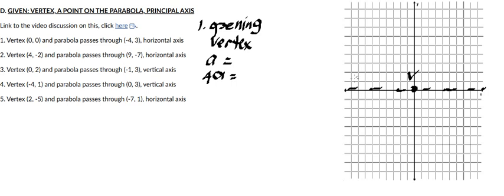Now, to know if that's to the left or right, all we have to do is plot our other point, which is negative 4, 3. So negative 4, 3: this is negative 1, negative 2, negative 3, negative 4. Negative 4 on x is here, and 1, 2, 3 on y is here. So negative 4, 3, that's your point on the parabola.